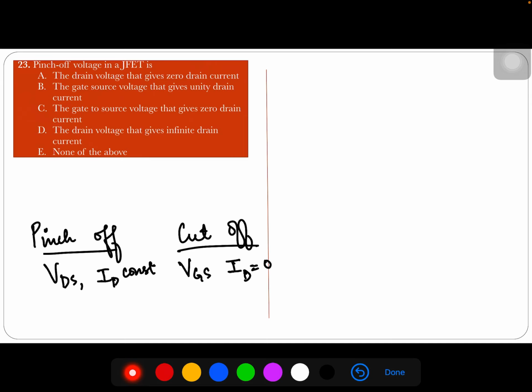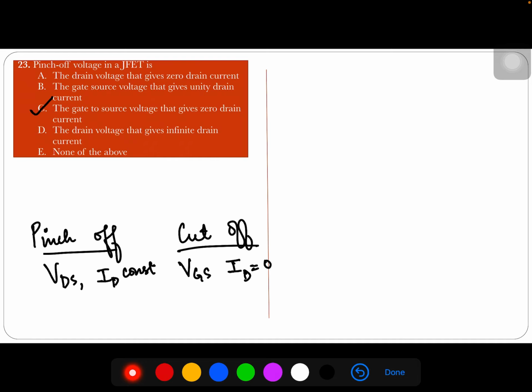So pinch off voltage, as per the given options, will be the gate source voltage that gives zero drain current. So assume it to be the cutoff voltage and give that answer, because as far as we know, none of the options is correct, or you can write none of the above also, which will also be correct.